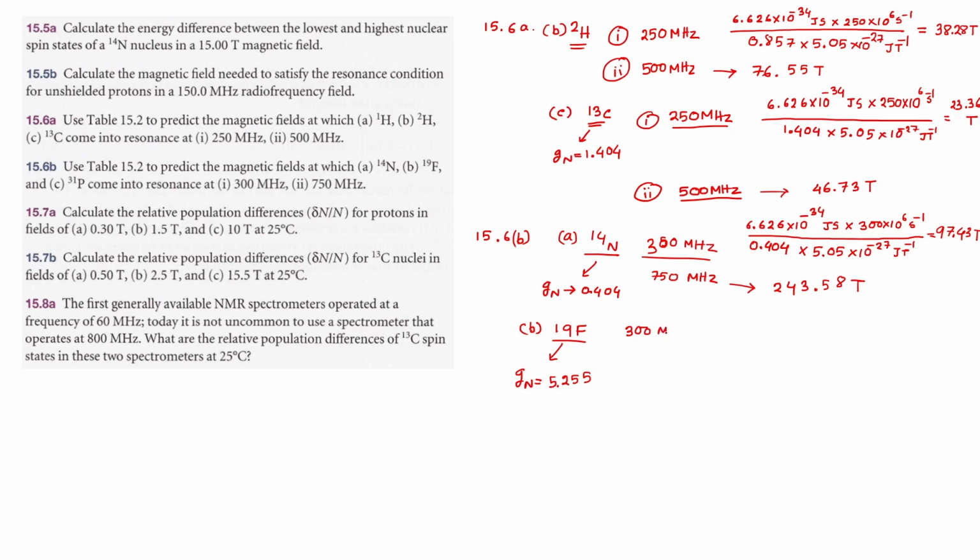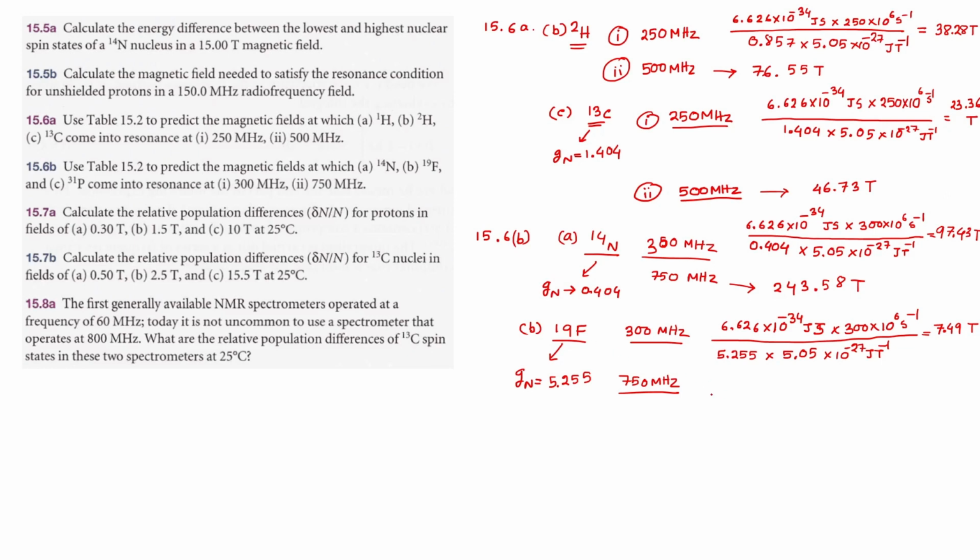So at 300 megahertz it will be, I'll just write for this, I will not write for 750, right? 6.626 into 10 to the power minus 34 joule second into 300 into 10 to the power 6 second inverse divided by 5.255 into 5.05 into 10 to the power minus 27 joule Tesla inverse, which will actually be 7.49 Tesla, and for 750 I'll just replace the Larmor frequency value again.